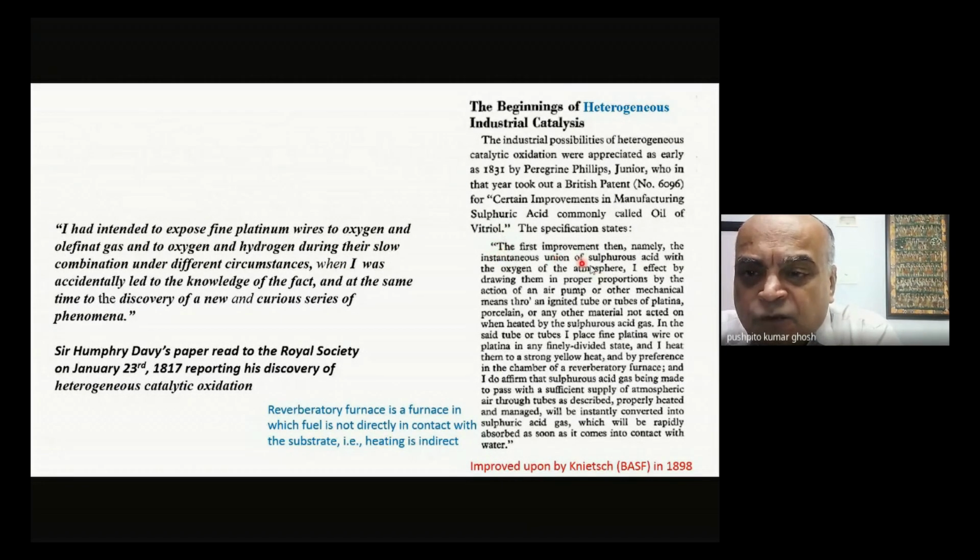The first improvement then, namely the instantaneous union of sulphurous acid with the oxygen of the atmosphere, I effect by drawing them in proper proportions by the action of an air pump or other mechanical means through an ignited tube or tubes of platina, porcelain, or any other material not acted on when heated by the sulphurous acid gas.